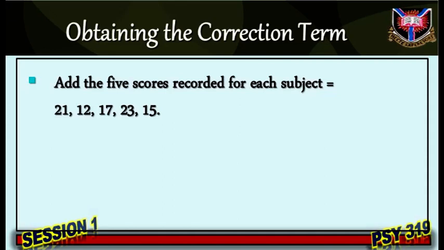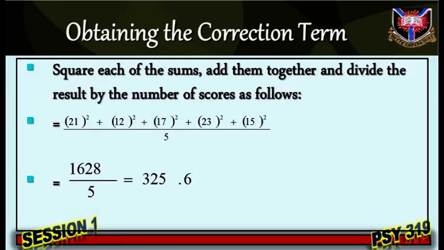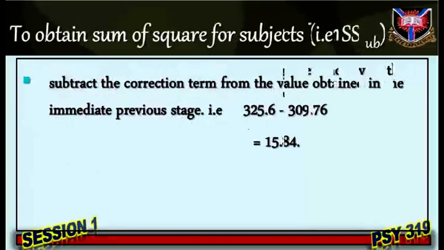Add the 5 scores recorded for each subject as follows: 21, 12, 17, 23, 15. Square each of the sums, add them together, and divide the result by the number of scores. To obtain the sum of squares for subjects, that is SS subject, subtract the correction term from the value obtained in the previous stage.